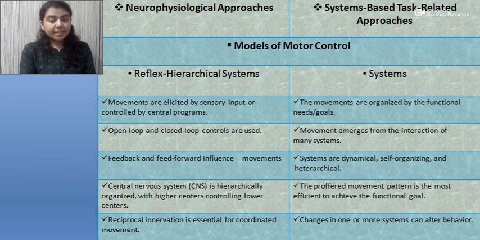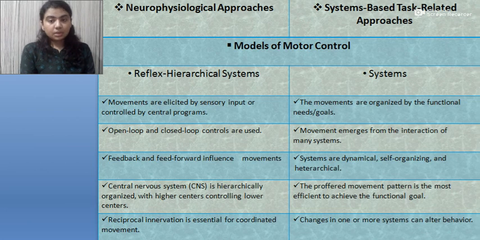Second point, movement emerges from the interaction of many systems like neuromuscular and musculoskeletal, and all the systems work together to produce movement. Third, systems are dynamically self-organizing and heterarchical, which is contradictory to the neurophysiological approach, which is hierarchically organized, right?